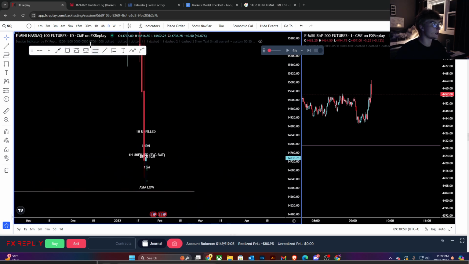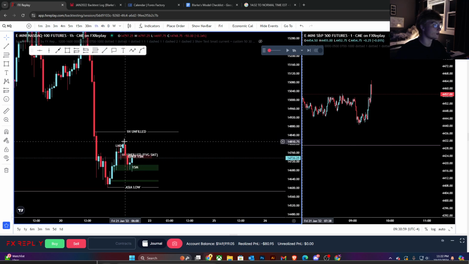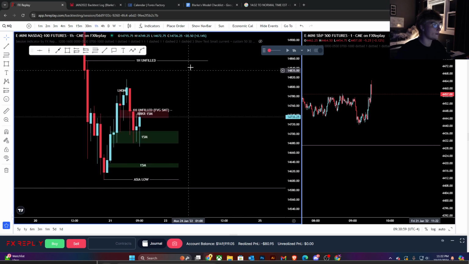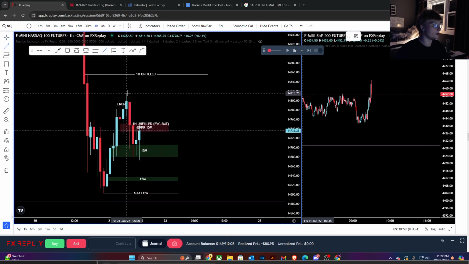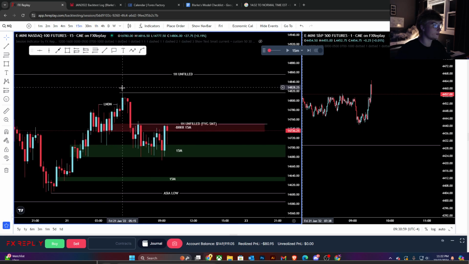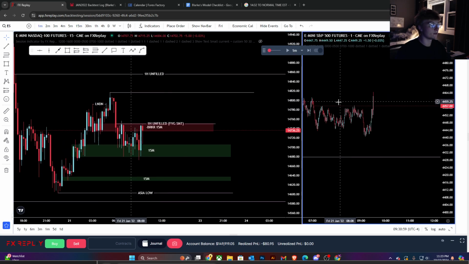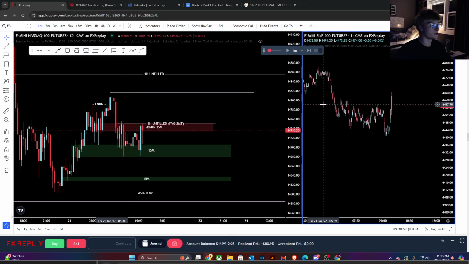First though, I think we could want to retrace a little bit higher. Maybe tap into this hourly, maybe sweep out this hourly high potentially, which was at 5:15, so a little bit past London, but is that high SMT though? It is not.